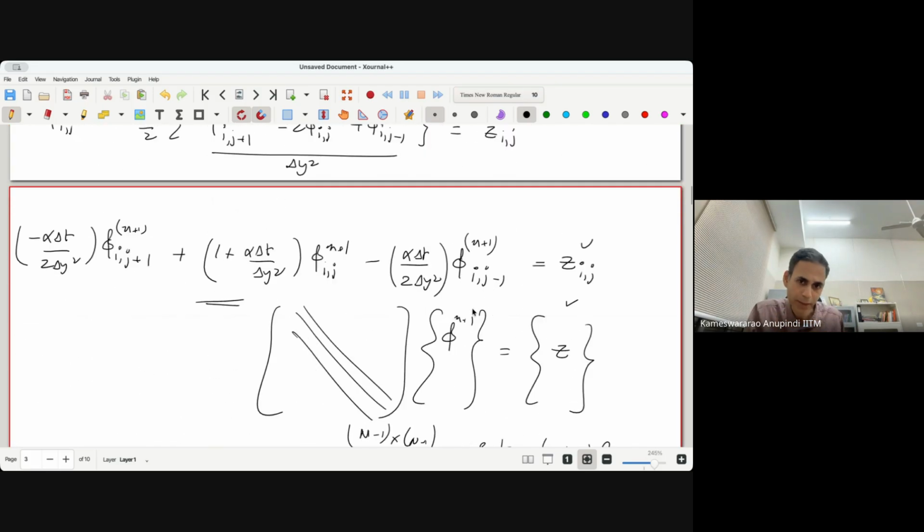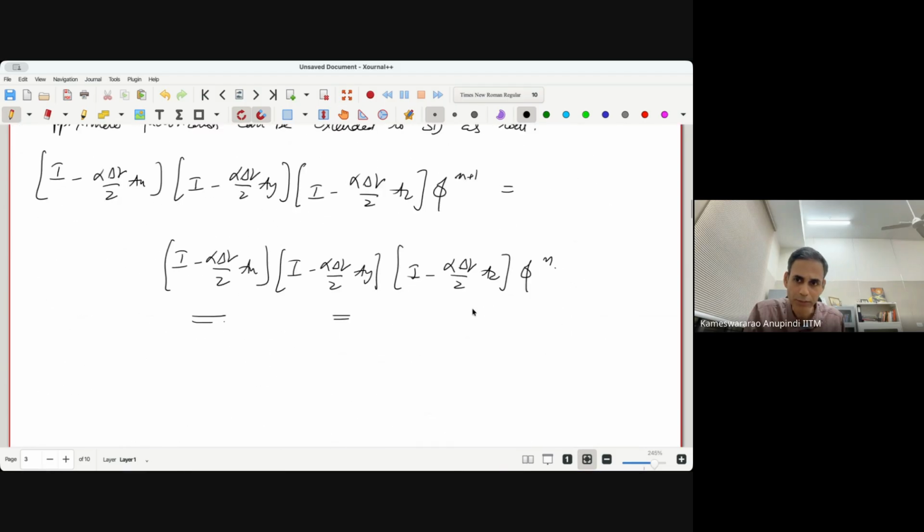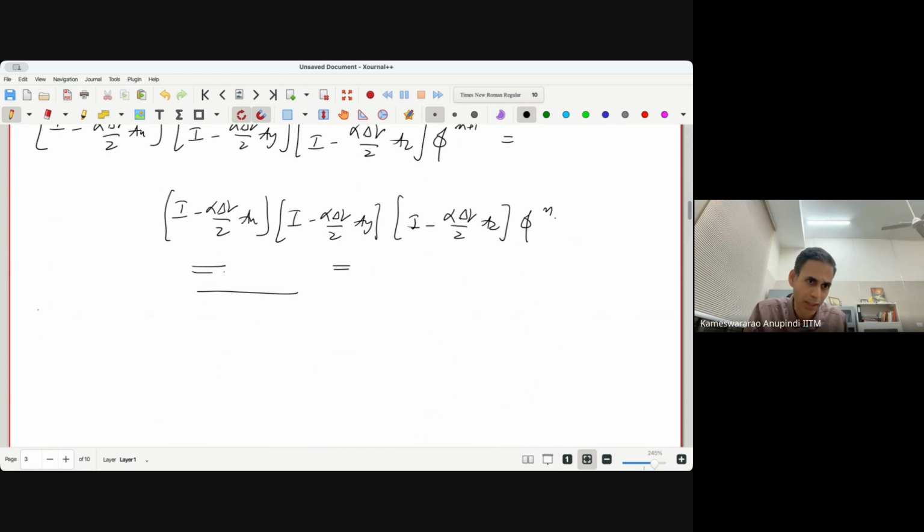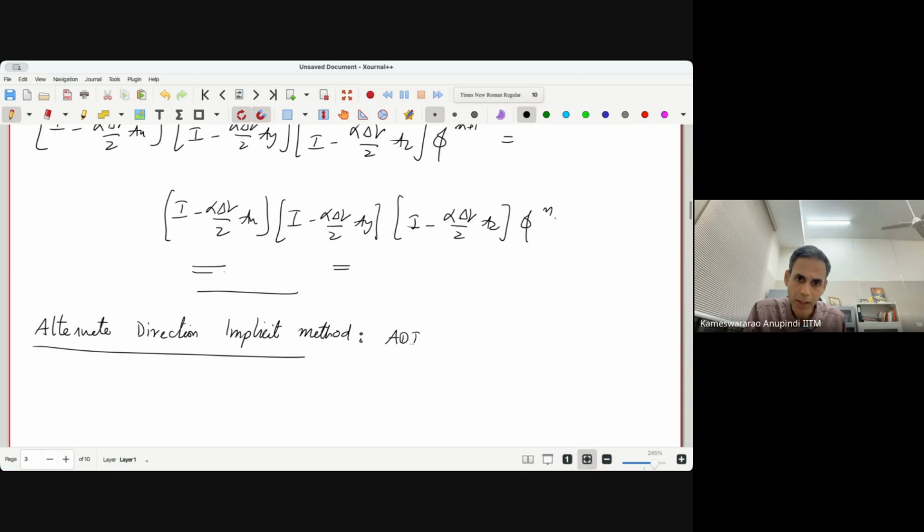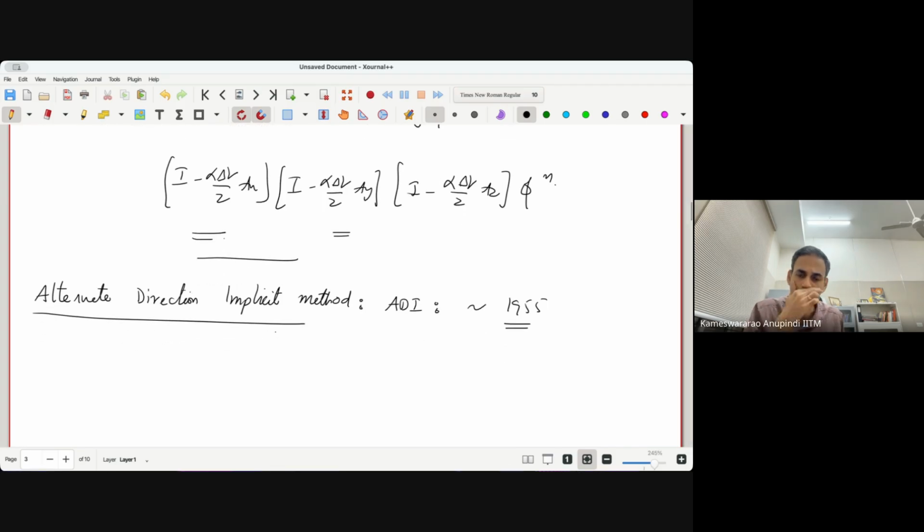Then there is a very close equivalent of this, which is known in the literature as the alternate direction implicit method, the ADI method. Okay, this was proposed way back in 1955 by Peaceman and Rachford.